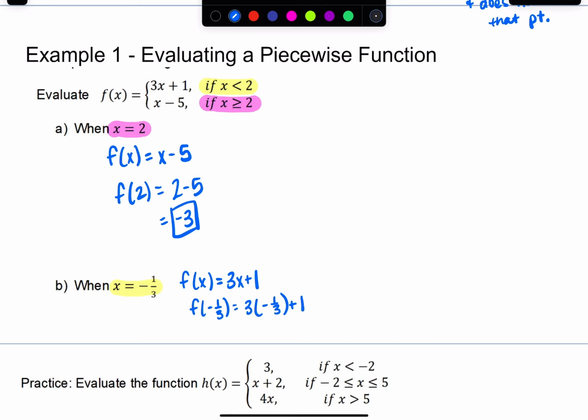So 3 times negative 1/3 plus 1. When you simplify that, you're going to get negative 1 plus 1, which is 0. So evaluating, you have to look at the interval, determine which one it falls under, and then use that equation.